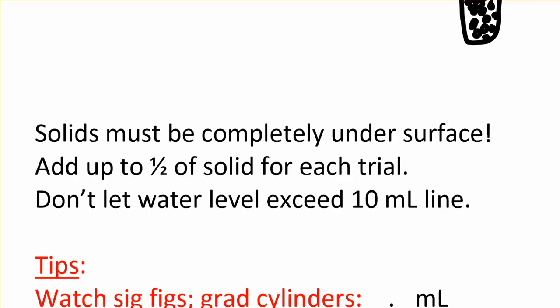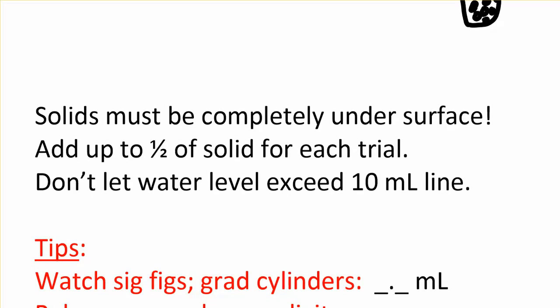Here's some more tips in general about the whole lab. You need to watch your significant figures. When you use that balance, write down every digit it gives you. When you use your graduated cylinder, they're kind of different. Our graduated cylinders aren't marked every tenth. So let me show you.